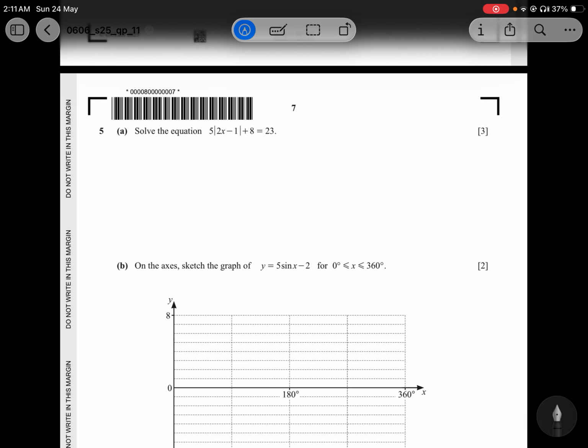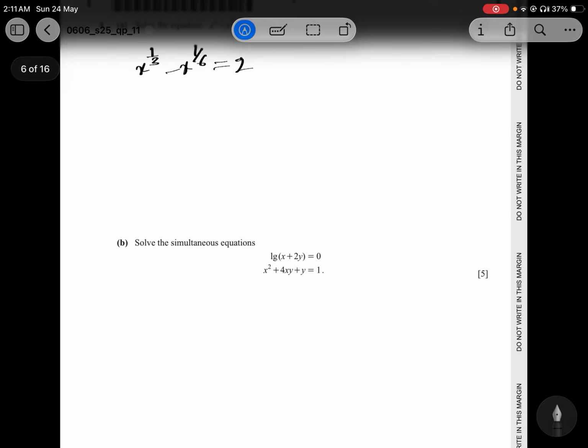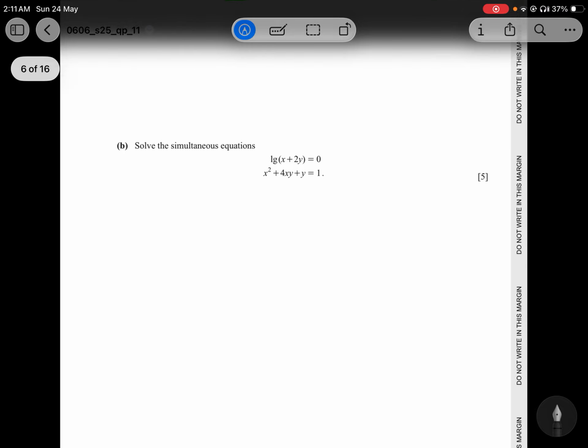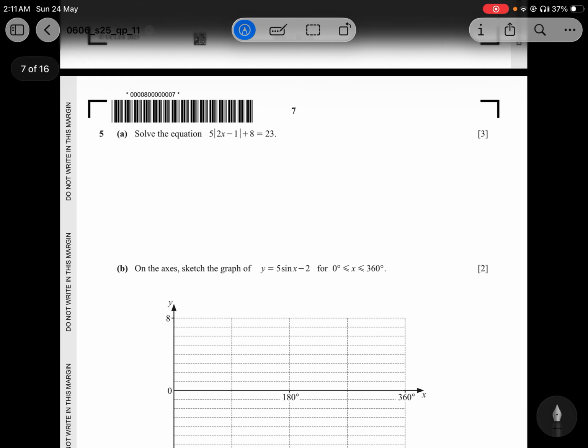Now question 5. So guys, if you find a little bit of thinking is required here, you just skip this thing. Okay, so what I can write: 2x minus 1 is equal to 23 minus 8, which is 15, by 5, which is 3 here. So 2x minus 1 is positive 3 and 2x minus 1 is negative 3.